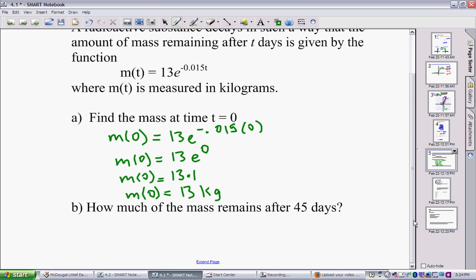We wanted to know what the mass is after 45 days. We're going to plug in 45 for t. m of 45 equals 13e to the negative 0.015 times 45. Go ahead, plug that into your calculator.